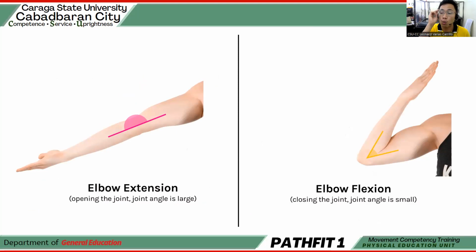And we are going to have a quiz, just a simple quiz. We are going to upload it in our classroom, and you are going to identify what movements we are showing, whether it is elbow flexion, abduction, or adduction. The quizzes here are simple because PE is not focused on traditional assessment.